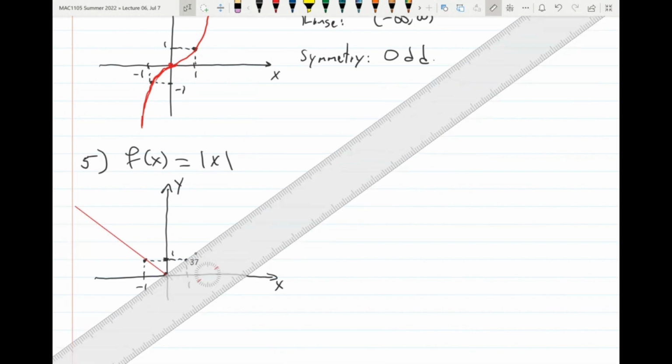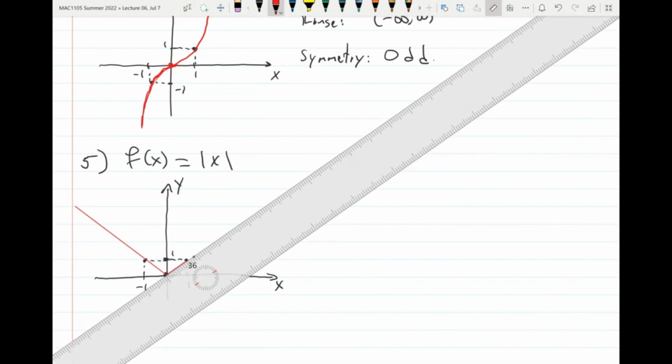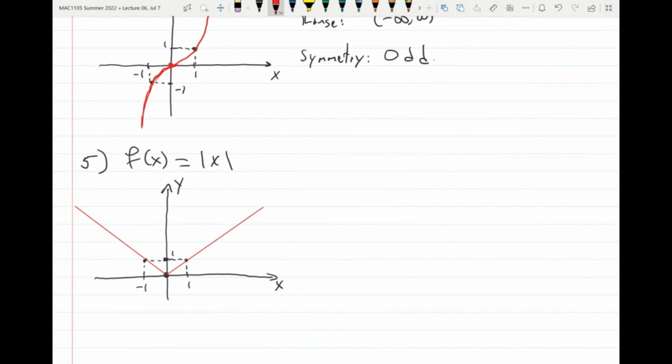Again, it's important to show the points. That way, it's clear what function we're talking about. When you see this shape and then you see these points, 1, 1, and negative 1, 1, then it's understood that this is just absolute value, not 2 times absolute value of x or absolute value of x plus something. So you need to learn these points to really know what the formula is.